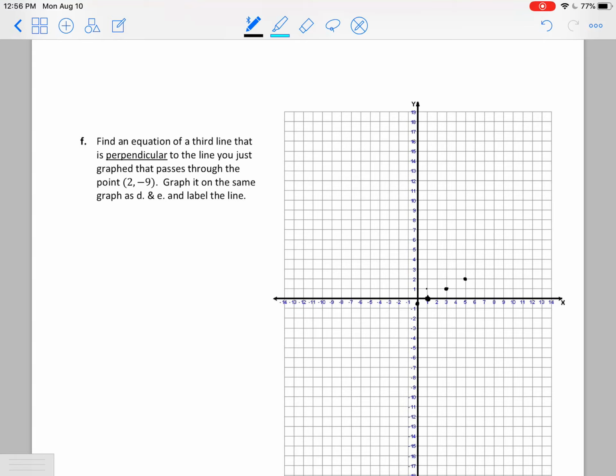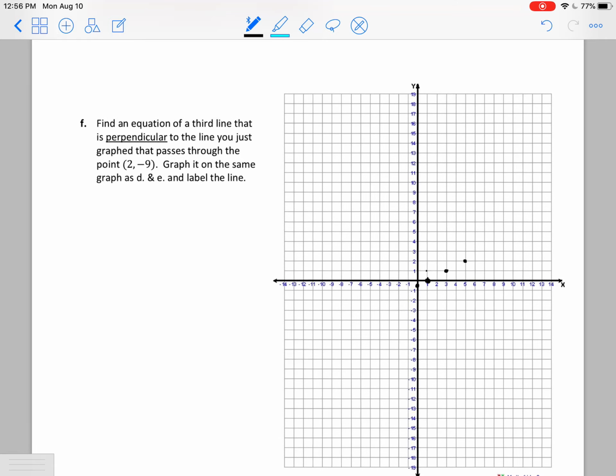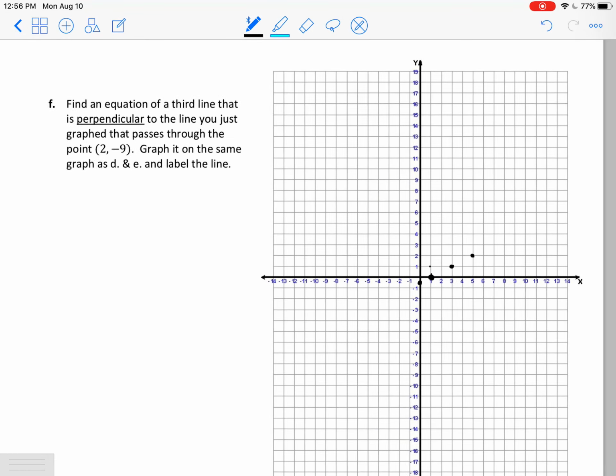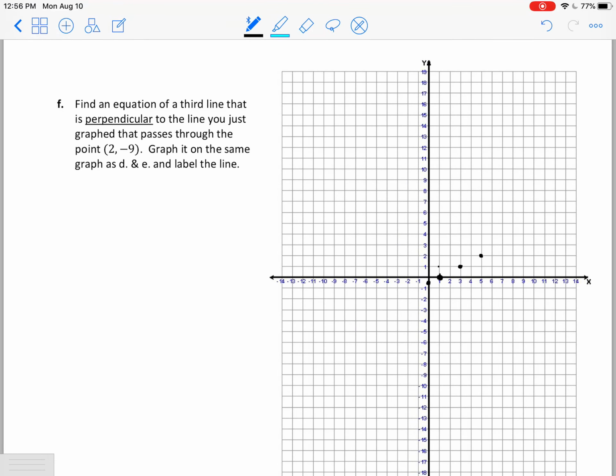We can also go the other direction. From -1/2, if we go down, right? So it's a positive slope. Let me just remind you here for this positive slope. If we have a 1/2, that's the same as having a -1 over a -2, right? Negative divided by negative is a positive.